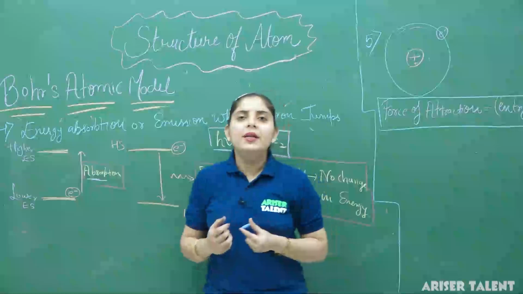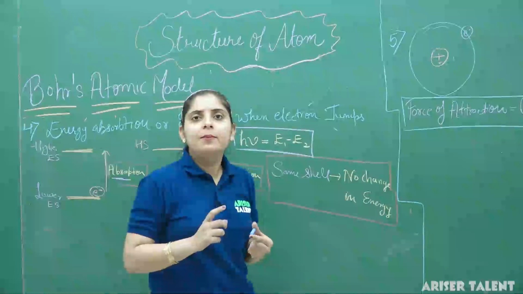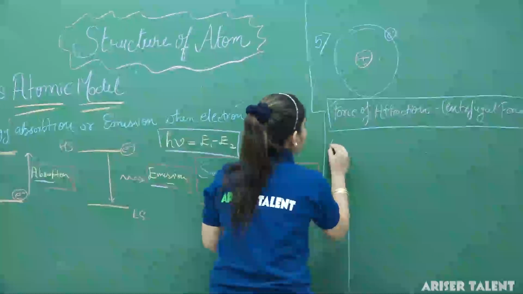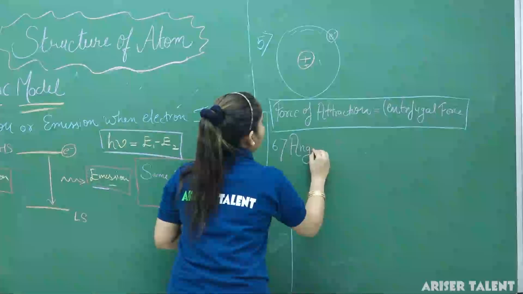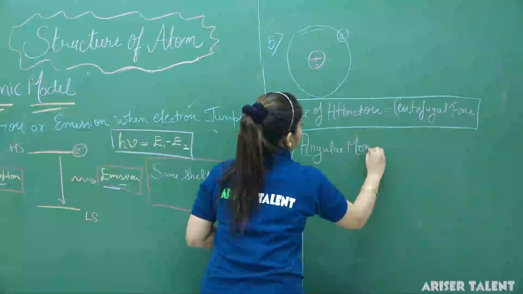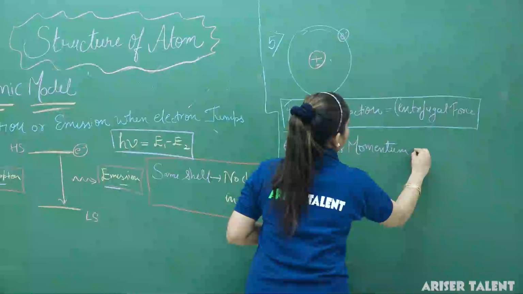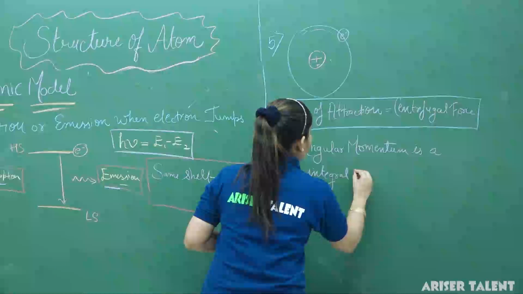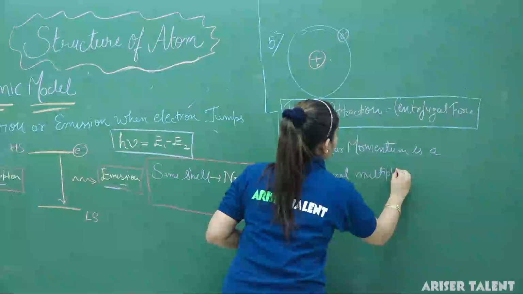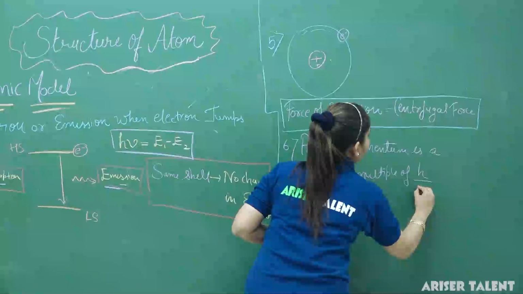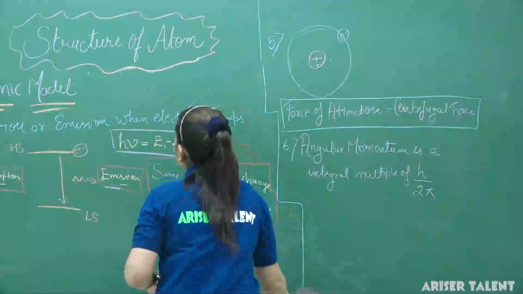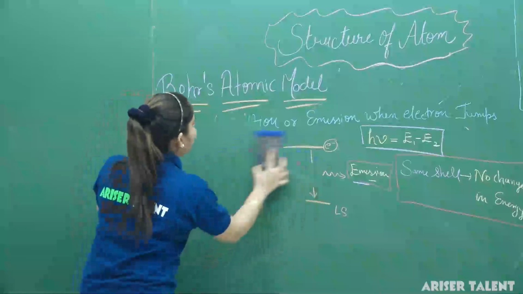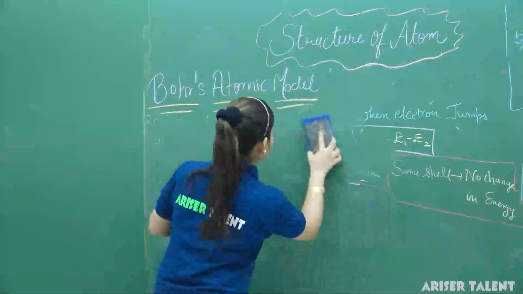The angular momentum of that electron will be an integral multiple of h upon 2 pi. It means an electron revolving in a particular orbit has an angular momentum in the order of n.